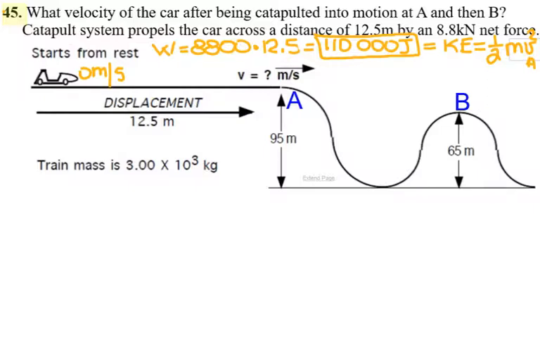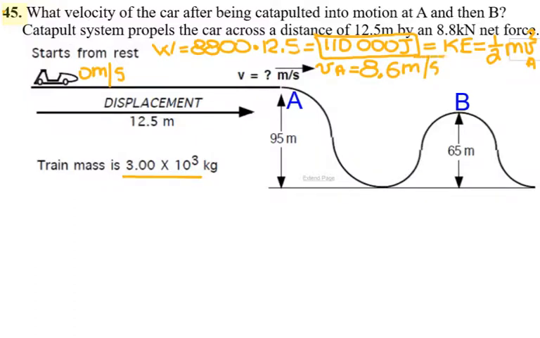So I can figure out right here the velocity at point A. The mass is given, 3,000 kilograms. I'm going to multiply 110,000 by 2 and divide by 3,000. So v squared is equal to 73.3, and when I take the square root of that, I get 8.6 meters per second.